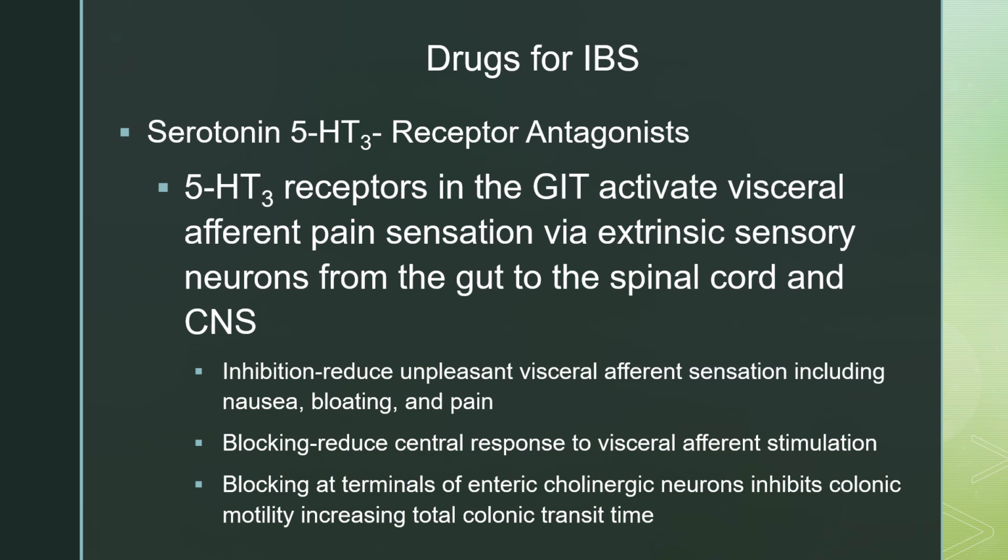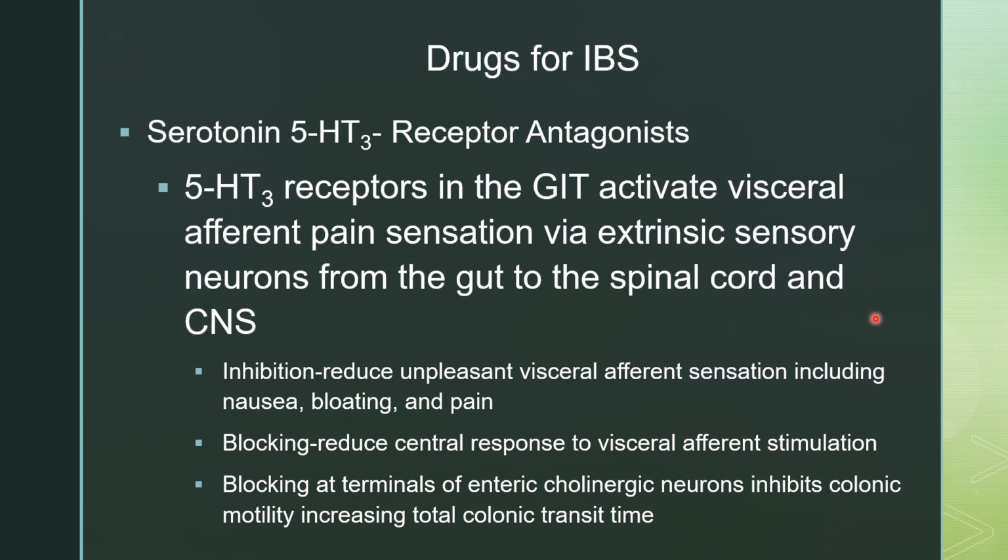Now we go to your serotonin 5-HT3 receptor antagonists. Serotonin acting on 5-HT3 receptors in the GIT activates your visceral afferent pain sensation via the extrinsic sensory neurons from the gut to the spinal cord and the CNS.